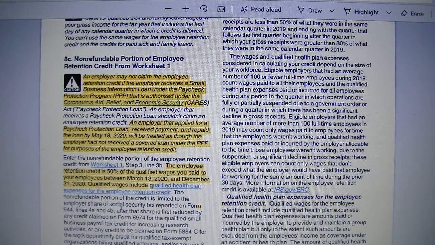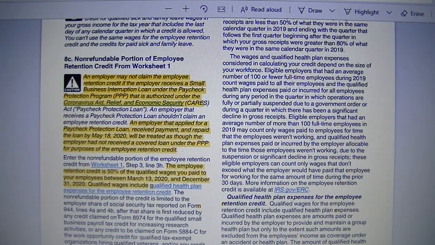The non-refundable portion of the credit is limited to the employer share of Social Security tax reported on Form 944, line 4A and line 4B, after that share is first reduced by any credit claimed on Form 8974, which we talked about already. So those credits will come up first before this one.